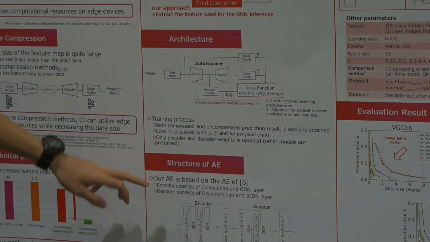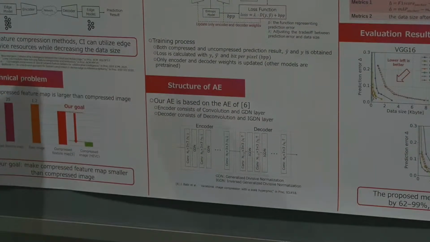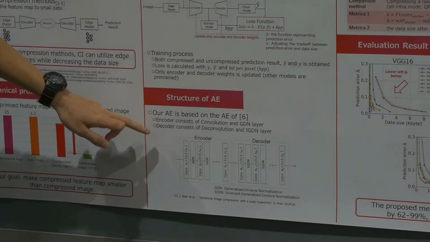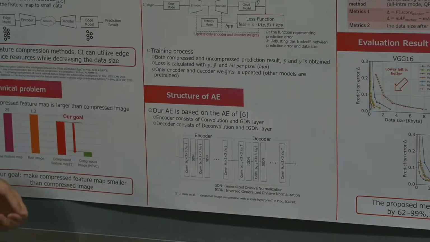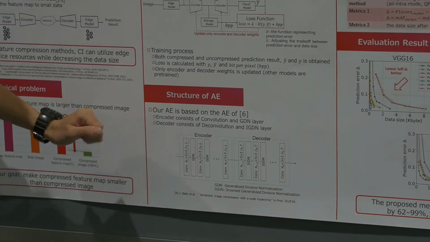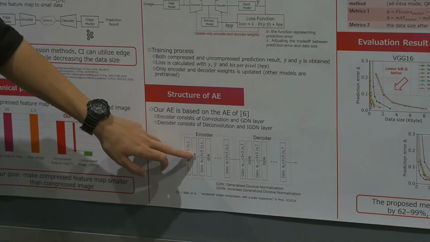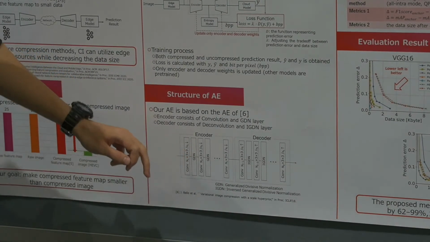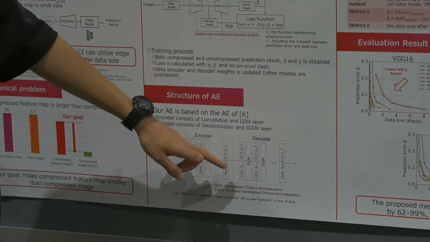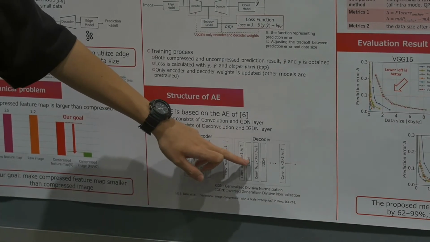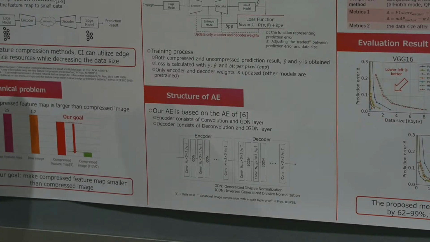Next, this is our autoencoder structure. Our autoencoder is based on Ballé's autoencoder; the encoder consists of convolution and GDN layers, and the decoder consists of deconvolution and inverse GDN layers.